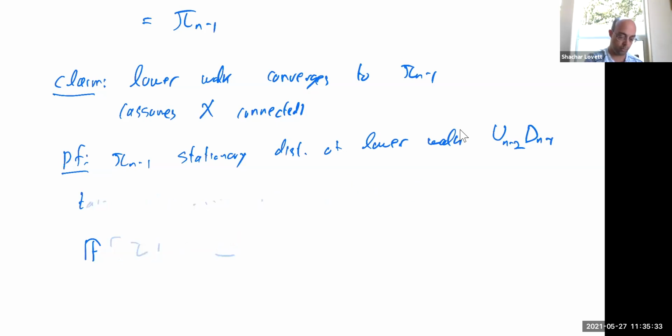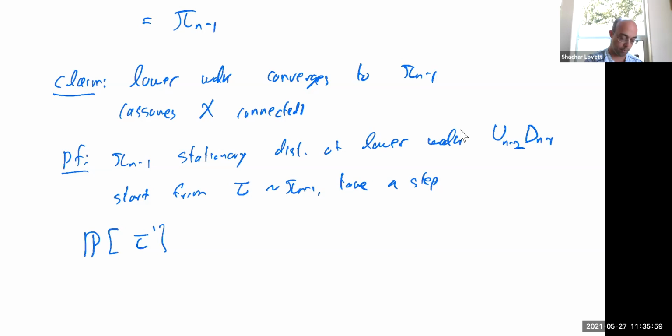So we start from some tau. We start from tau distributed as pi n minus 1, and we take a step. Let's ask what's the probability that after this step we're going to reach some tau prime.